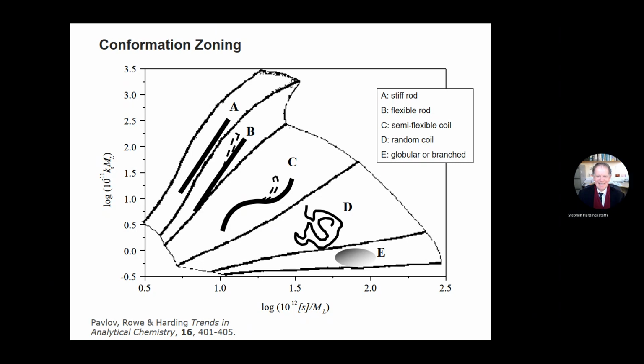Or if your parameters S, ML, and KS end up with your point lying inside zone B, then it's a zone B molecule. So by measuring these three parameters, you can get a qualitative idea of the conformation of your molecule with this conformation zoning.